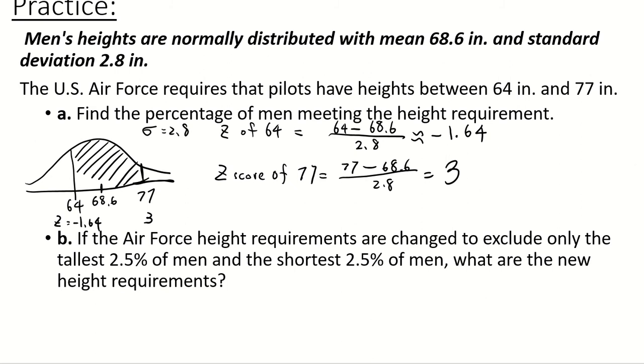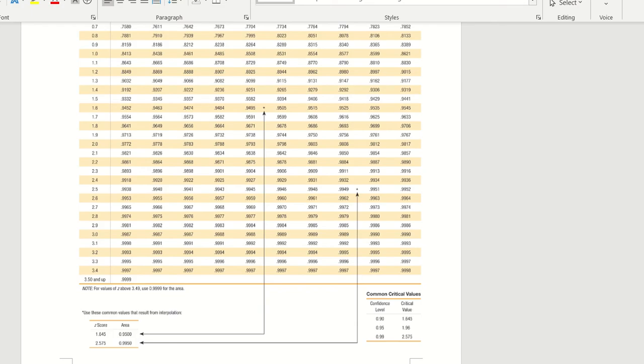To find the area between those two z-scores, first you want to find the area to the left of 3, which is right here. Earlier I said to the right, I mean to the left.